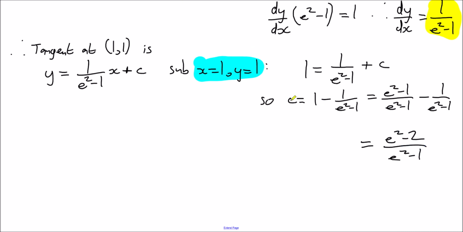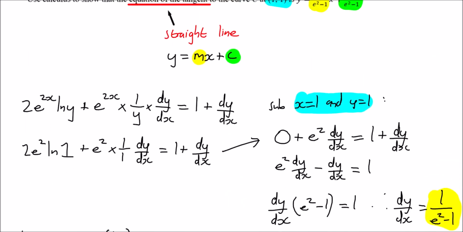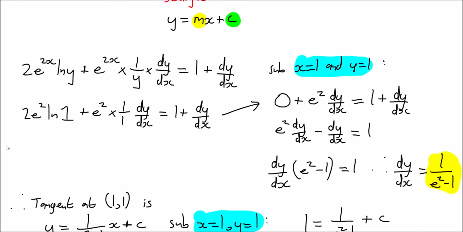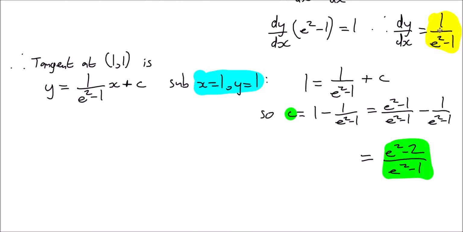So that's what c is. So c is e squared minus 2 over e squared minus 1, which, lo and behold, that's what I wanted to show all along. So I've actually got it. So we worked out the gradient of a tangent, we worked out the y-axis intercept of a tangent, therefore we've got the full equation of the tangent at the point 1, 1.